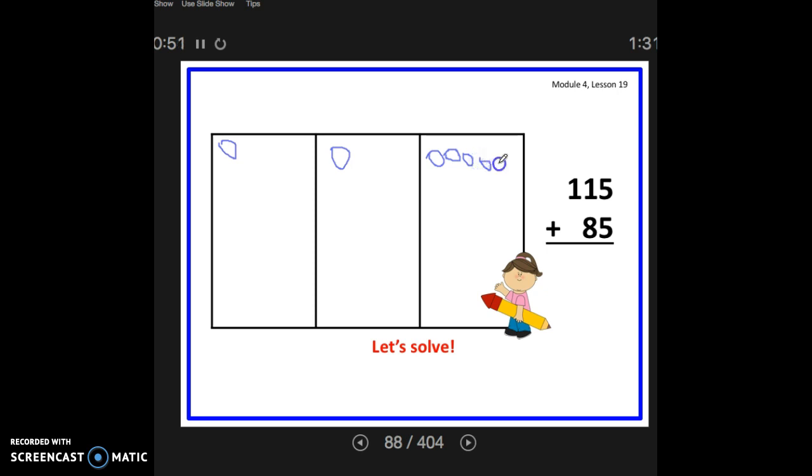All right, so then we have to build 85. 1, 2, 3, 4, gotta squeeze one in there, 5, 6, 7, 8. 8 tens is 80, and then our 5 ones.